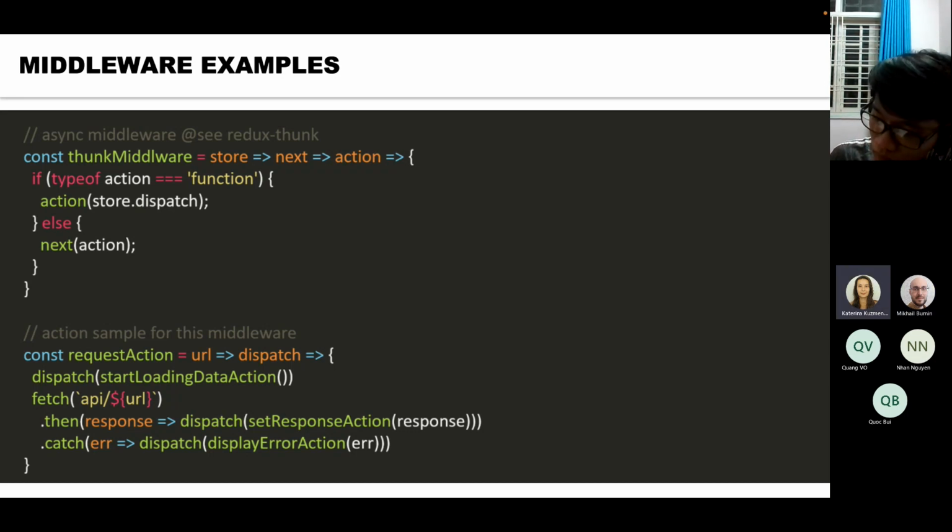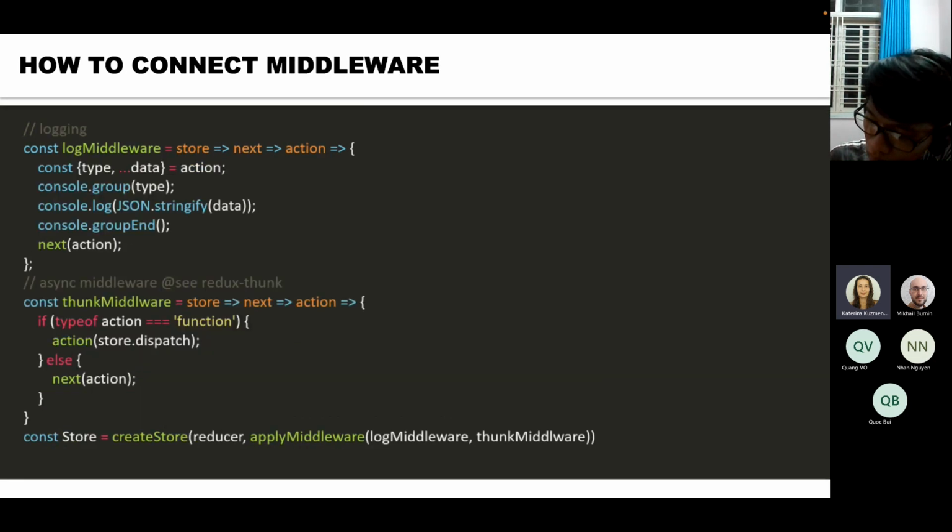Yeah, so here is just the example of synchronous middleware and asynchronous middleware login. So how to connect middleware? We see here our login, and we see our async middleware.